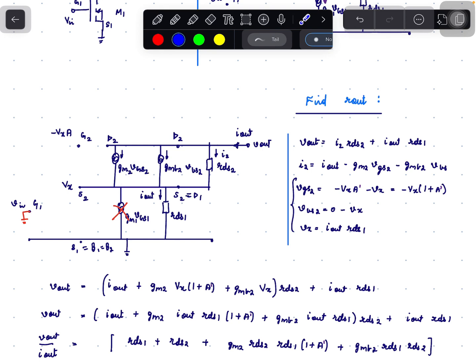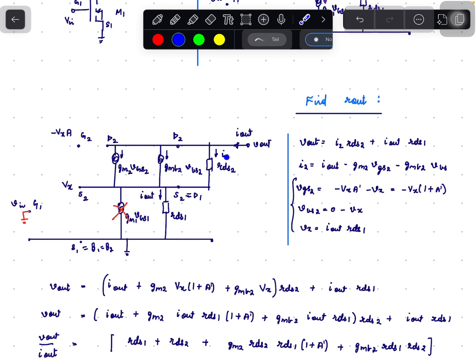All these currents add up to give back our I out current, which flows through RDS1, since GM1 VGS1 is open in this case. So V out is the voltage drop across RDS2 plus the voltage drop across RDS1, which is I2 times RDS2 plus I out times RDS1.